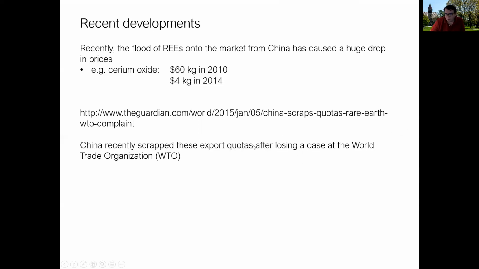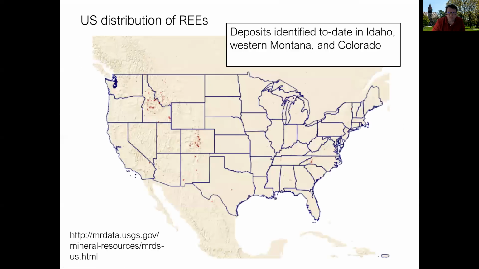Most of the export quotas have been scrapped recently, and it's calmed down a bit in the last few years with the intermediate prices after China lost the World Trade Organization case. This is largely a trade issue between the U.S. and Japan and other countries that have a lot of electronics manufacturing in particular.